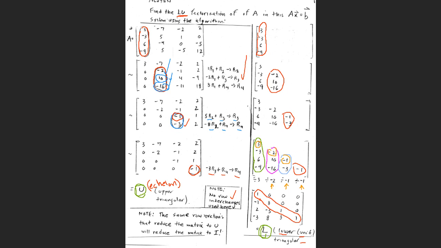Okay. Now, the very interesting thing I want to make you aware of here. Very interesting thing. In the lower unit triangular matrix here, what was the first row operation we did?